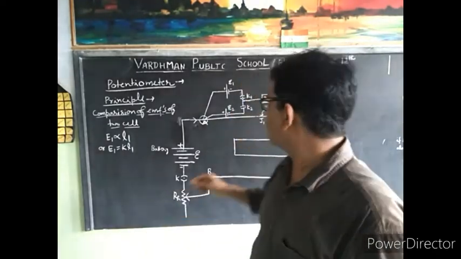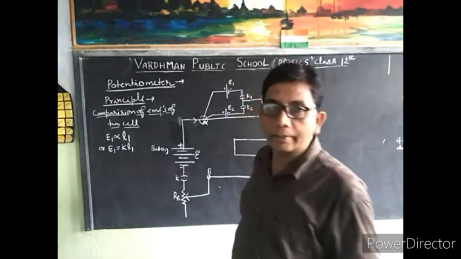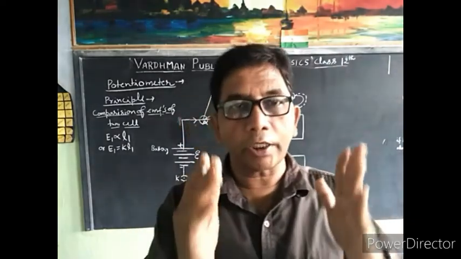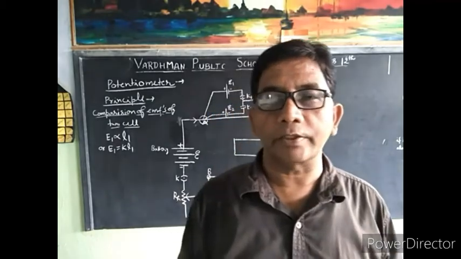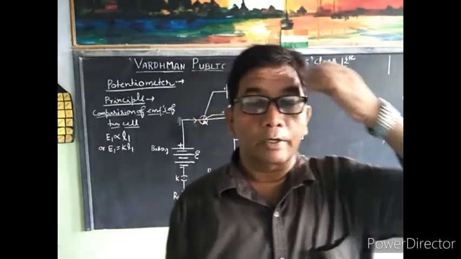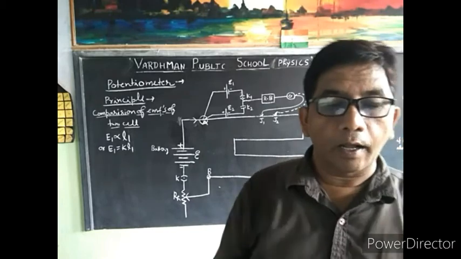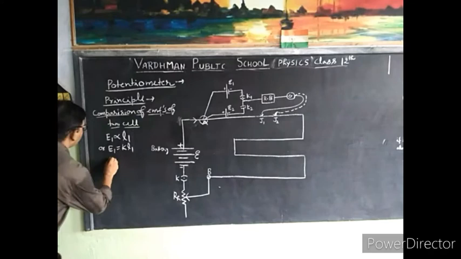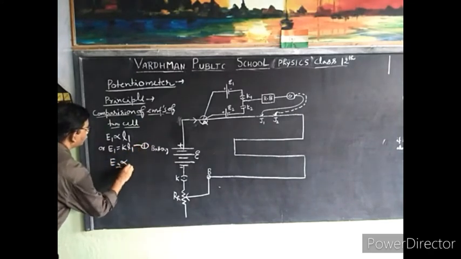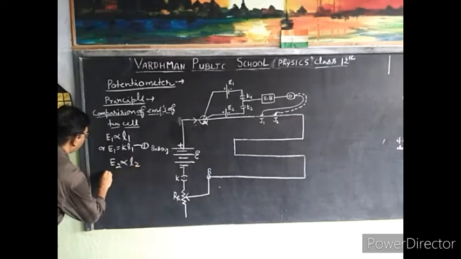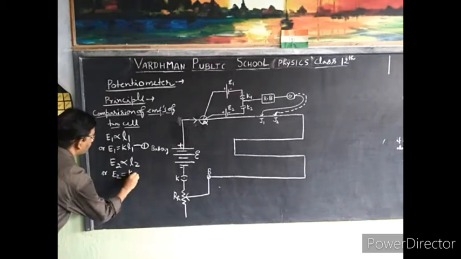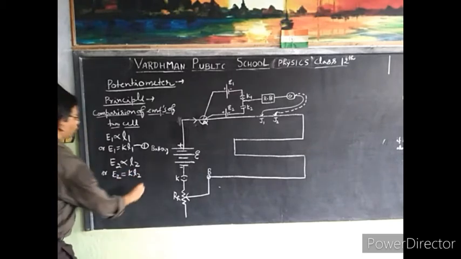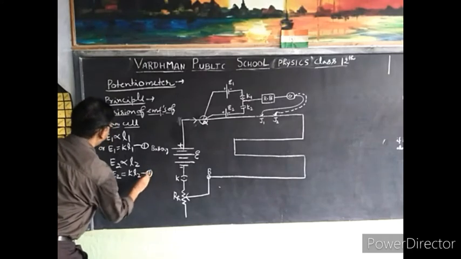Slide the jockey along the wire AB and search the balancing length. Then E2 is proportional to L2, or E2 is equal to KL2. This is my second equation.